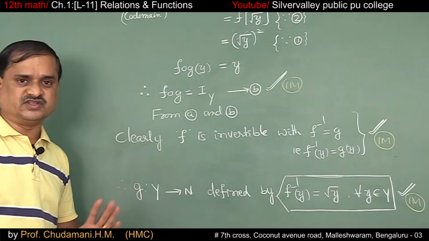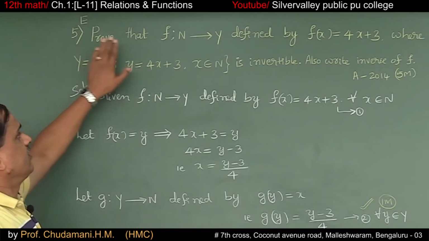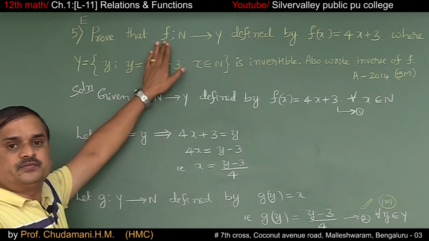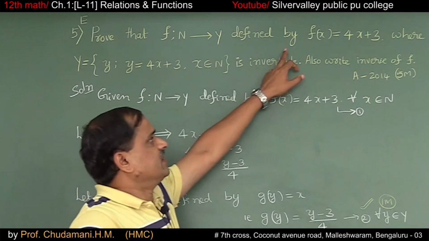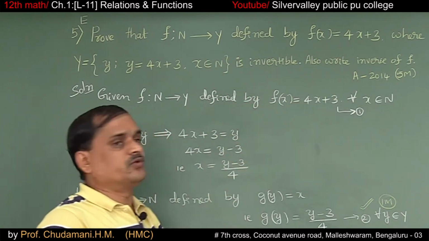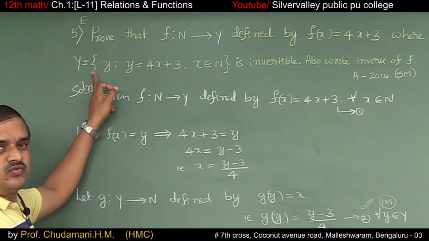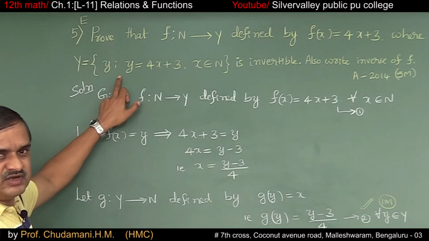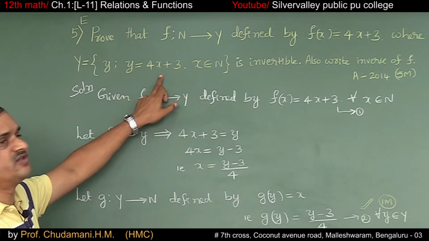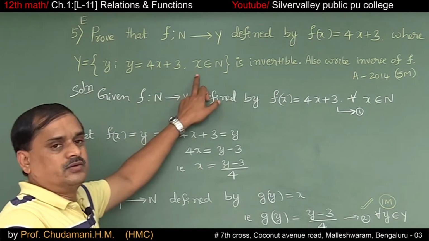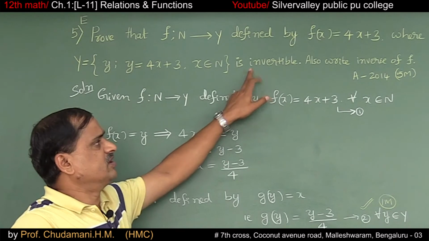This is how the distribution is. The fifth one, an exercise problem. Prove that F from N to Y defined by F of x is equal to 4x plus 3, where capital Y is equal to the set of elements Y such that Y equals 4x plus 3, Y is F of x, in which x belongs to natural numbers, is invertible.